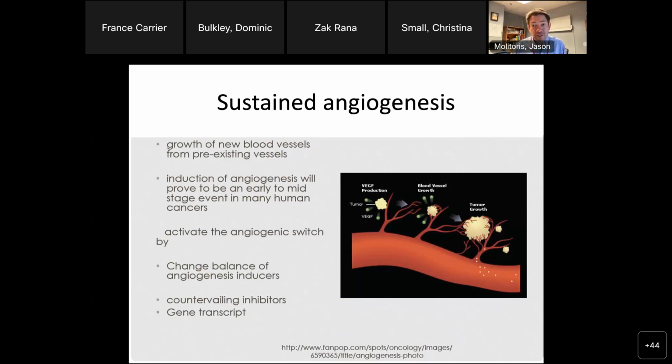Sustained angiogenesis. This is one of those areas that, in the 90s and early 2000s, was one of the hottest areas in cancer research. The concept is that cancer cells release signals to create new blood vessels.